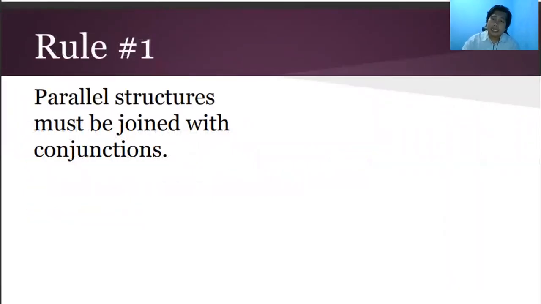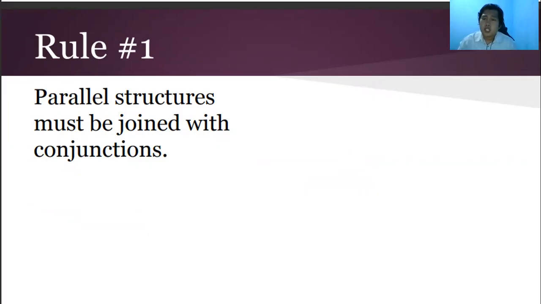There are rules in parallel structure because it is a form, so we have a lot of things to consider and to follow. Number one, parallel structures must be joined with conjunctions. Are you familiar with conjunctions? I know that you're already familiar with this because you are in high school.